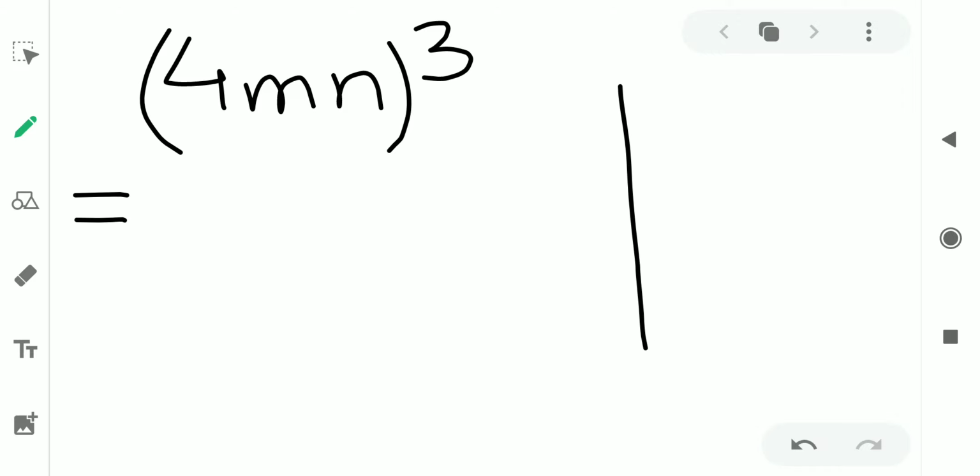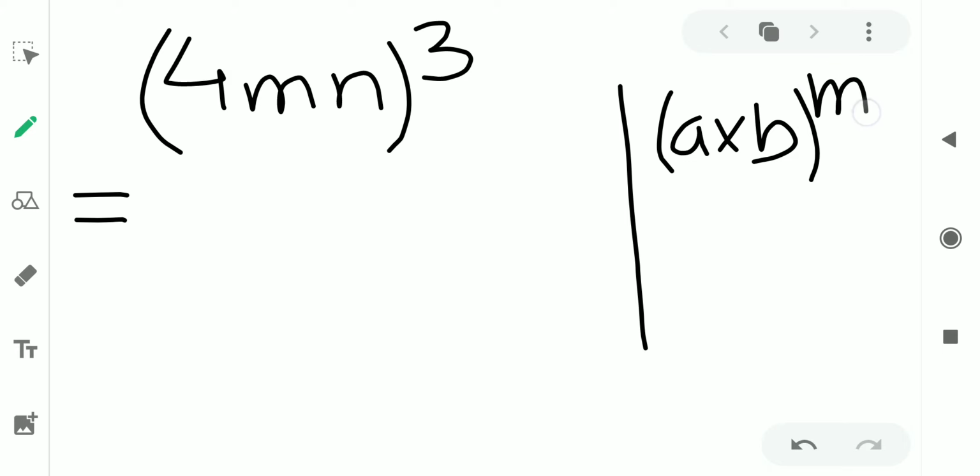The formula is (a into b) whole to the power m. Here a and b are in multiplication, and the whole to the power is m.